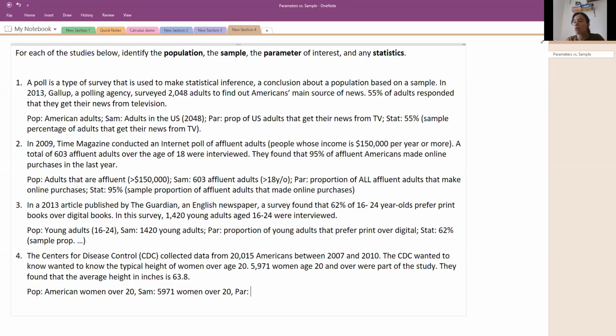Then we have the parameter that we want to estimate. What is the thing that we are trying to estimate in this case? What do we want to determine? Maybe the average, or the mean height of women over 20.